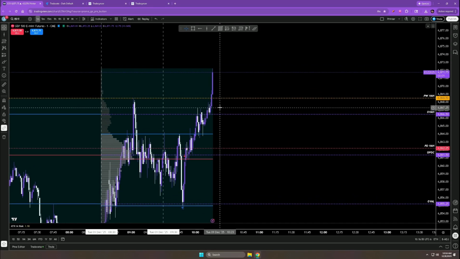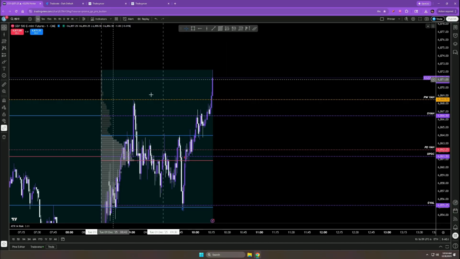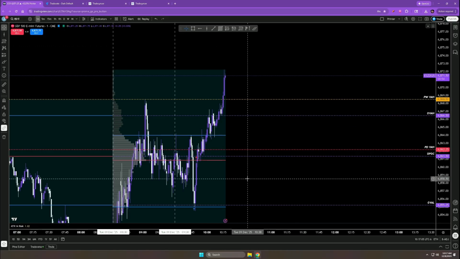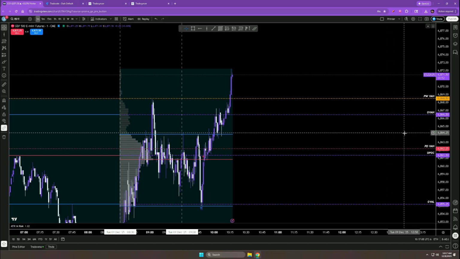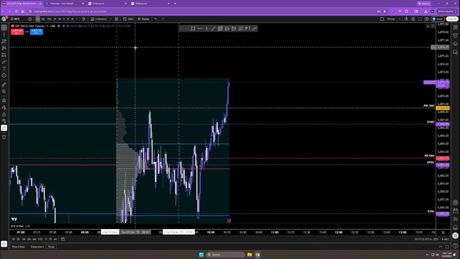You're working with probabilities. So you're not going to win every single trade. You're not going to lose every single trade. Even if you were flipping a coin, you would still win some and lose some, right? So essentially that's already giving you a 50% win rate if you're just flipping a coin. So if you have an edge, you should immediately have a better win rate than that, unless your risk reward is stupidly high. Anyways, enough yapping.